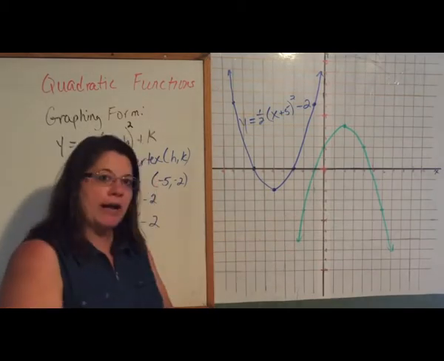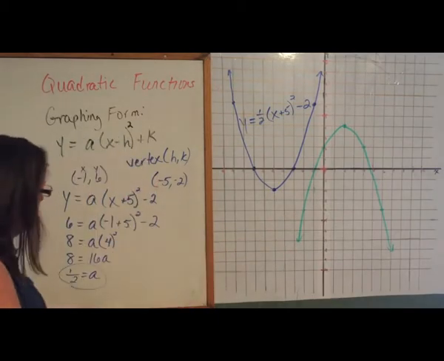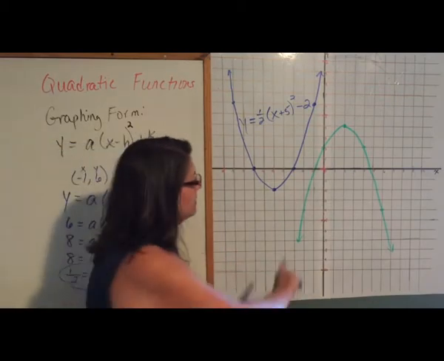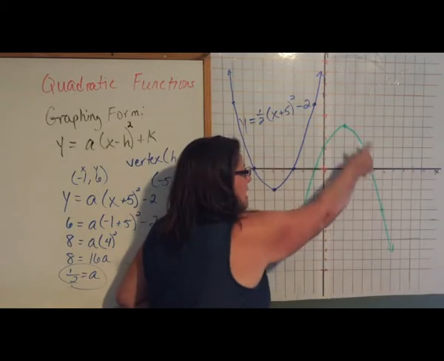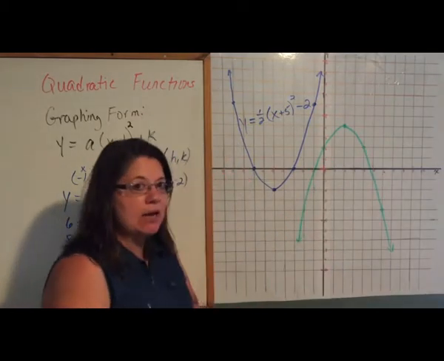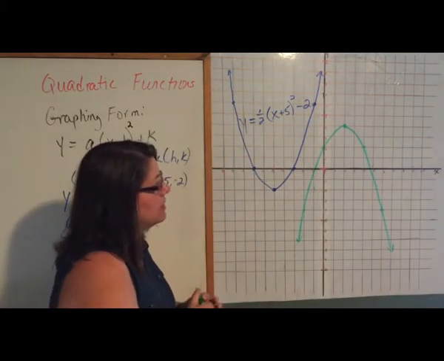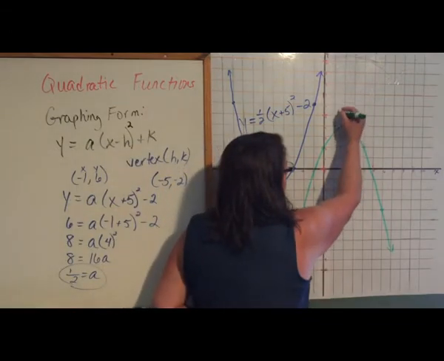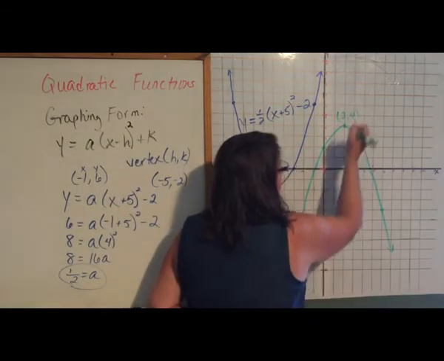Look at the green graph next. That one's very similar. We know in that case, my A has to be negative because it's facing down. My vertex is still HK. So my vertex here would be 2, 4.